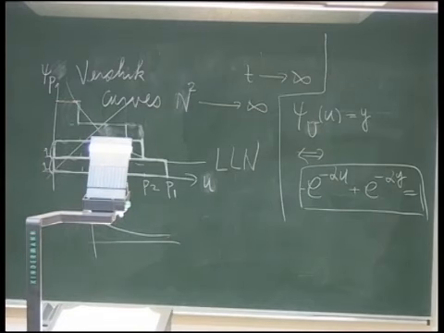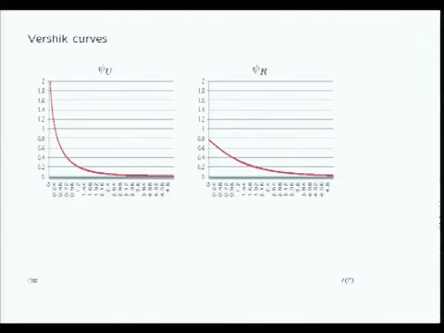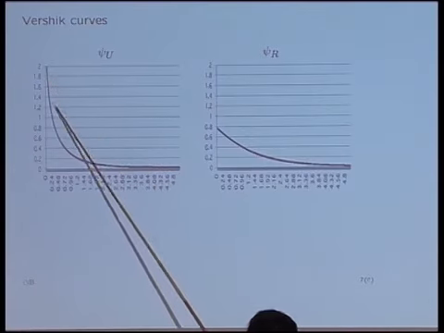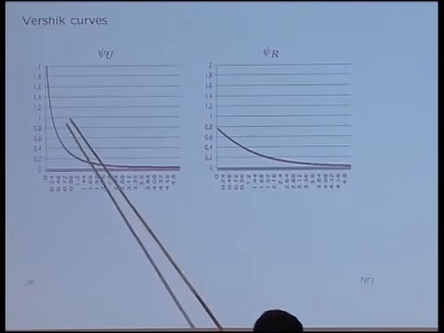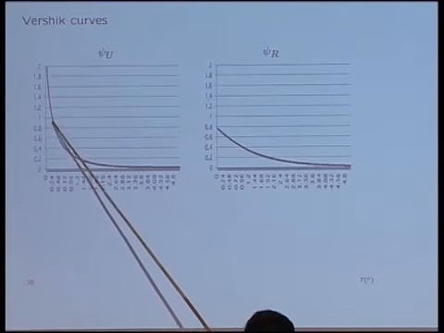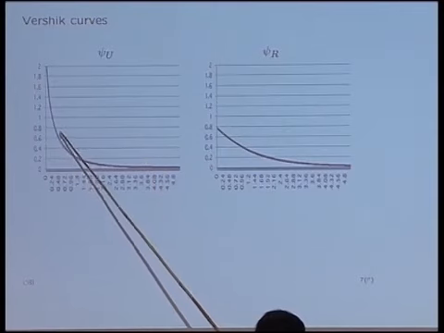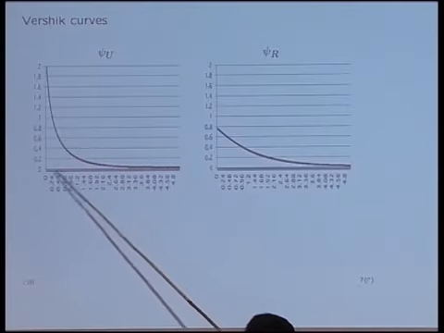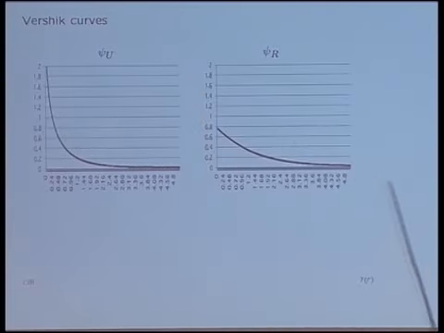Indeed, that is not symmetric in x and y. So the shape of the limit curve in the uniform case is like this, and in the restricted case like this. But of course, the area below this red curve is always 1. In the uniform case, it is symmetric under this 45-degree line.